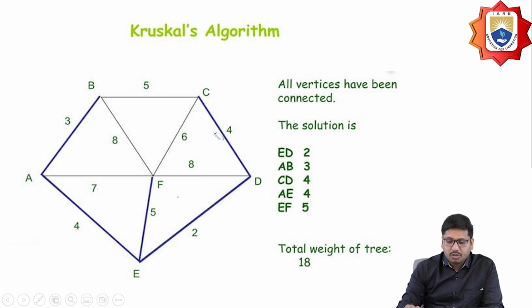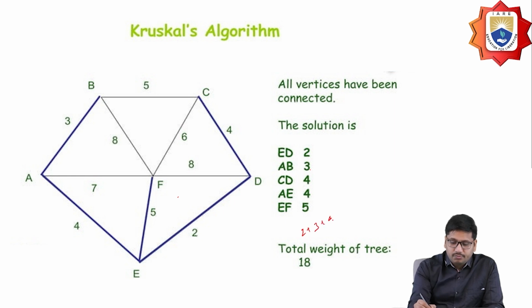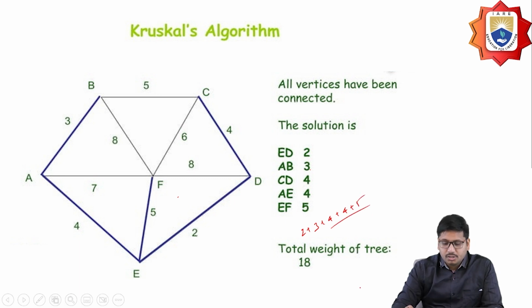And what is the minimum cost? It should be 2 plus 3, 3 plus 4, 4 plus 5, so totally 18. So 18 is the minimum cost of the spanning tree. Like this, we construct the spanning tree according to Kruskal's algorithm.